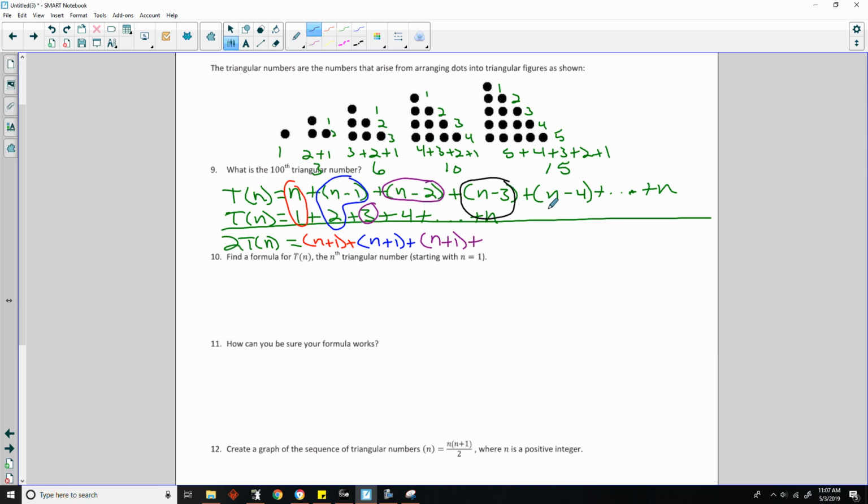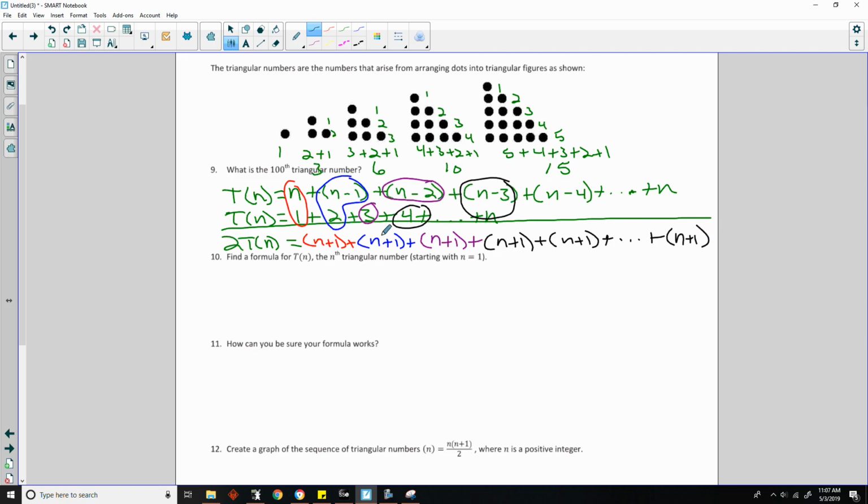So N minus 3 plus 4 is N plus 1. And then N minus 4 plus 5 is N plus 1. And so on, all the way out. It's always going to be N plus 1.